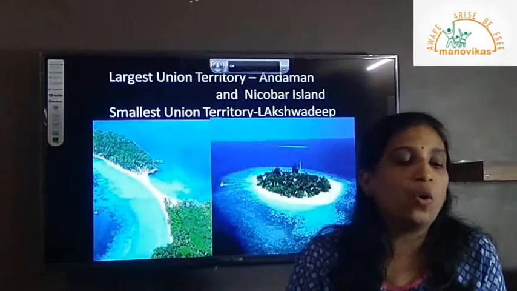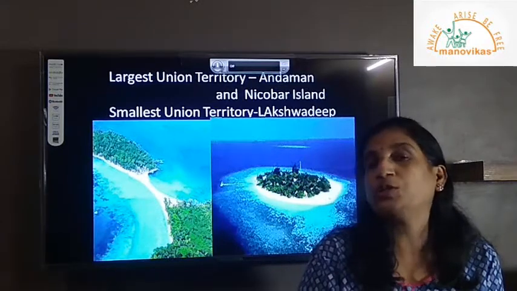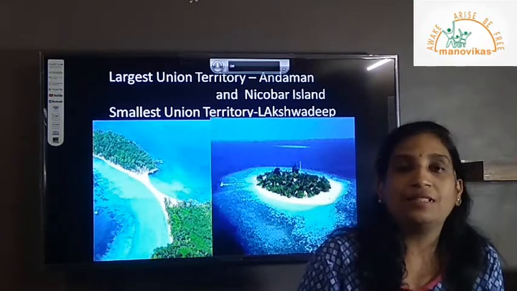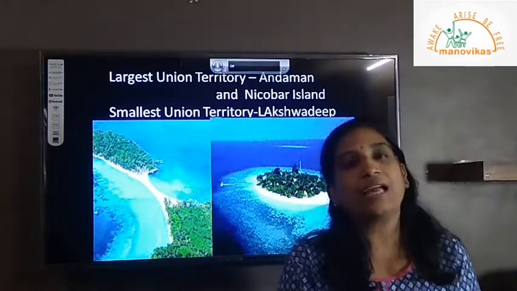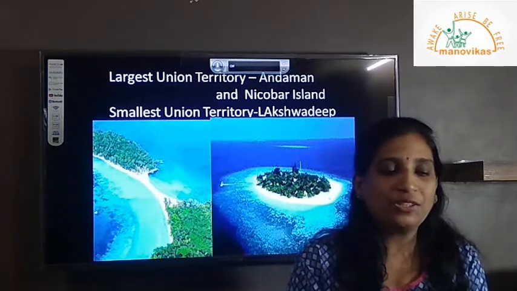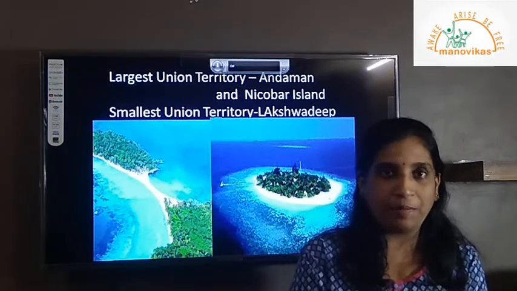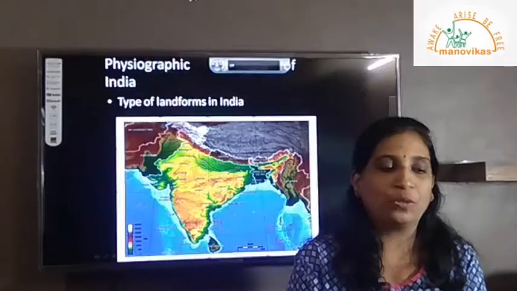So in India, along with the largest state and smallest state, we should also know the largest union territories of our country. The largest union territory of our country is Andaman and Nicobar Islands, and the smallest union territory is Lakshadweep. We have seen it in the earlier map also.